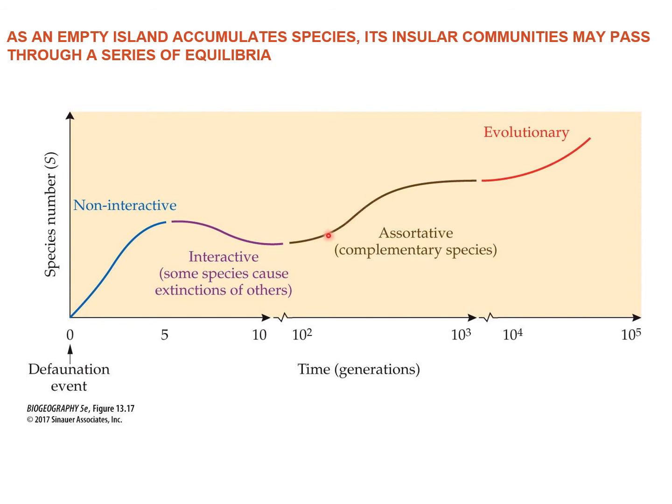As a result, you can get another increase in the number of species as this process takes place, and new species are probably still showing up. Over time, other species are going extinct, and over long enough time, new species are actually evolving. That's going to increase the total number of species, as you get an equilibrium between species showing up and species going extinct, and then new species evolving on the island.